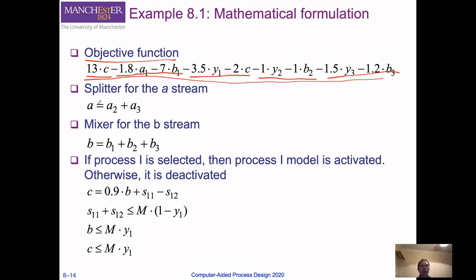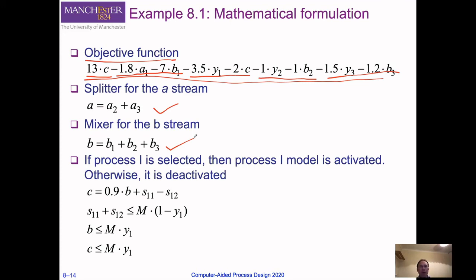As we define the total flow rate of A and the flow rate of A into process 2 and 3, then we can write that the total flow rate of A is equal to the flow rate into process 2 plus the flow rate of A into process 3. We can also write the material balance for raw material B. For each process, the mass balance is provided. That means if that process is selected, then we should have those mass balance equations.